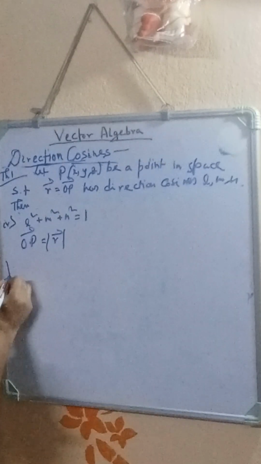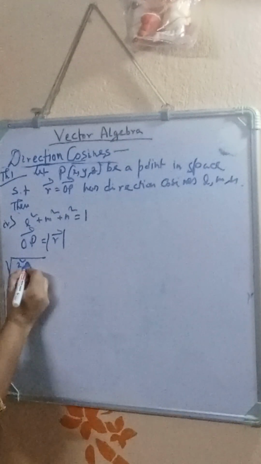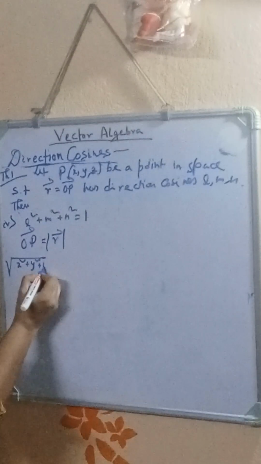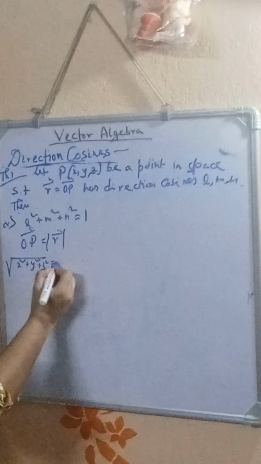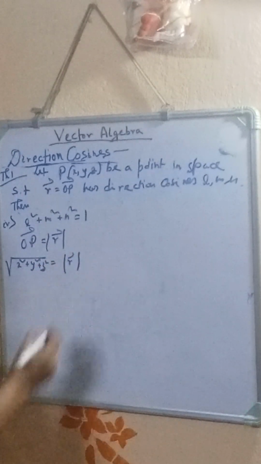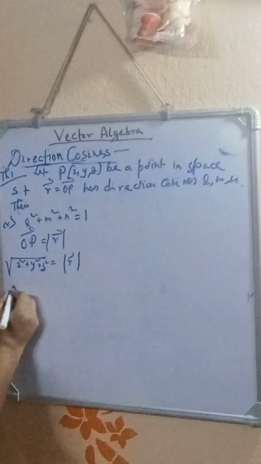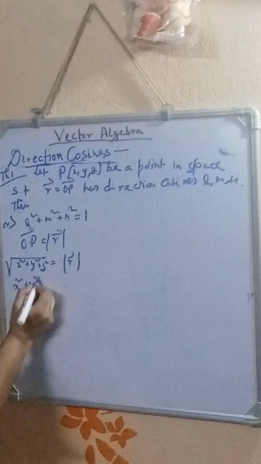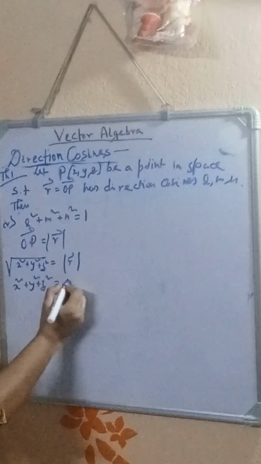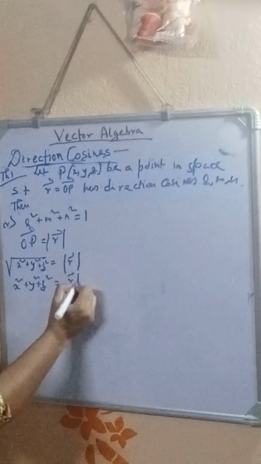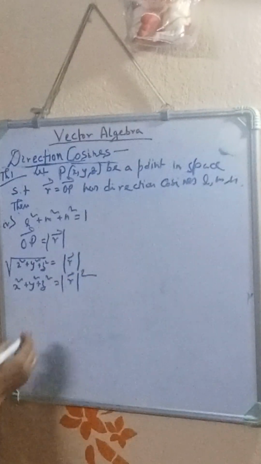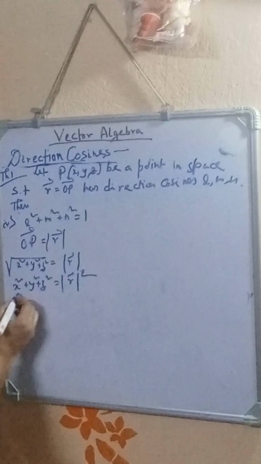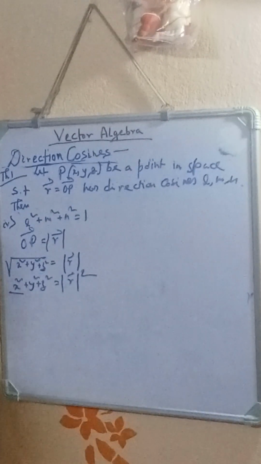Therefore, x square plus y square plus z square equals the modulus of r vector square. Now x equal to l|r|, which we have proved in the previous theorem.